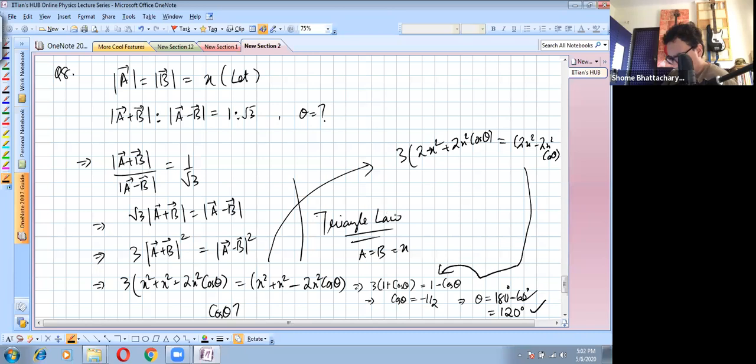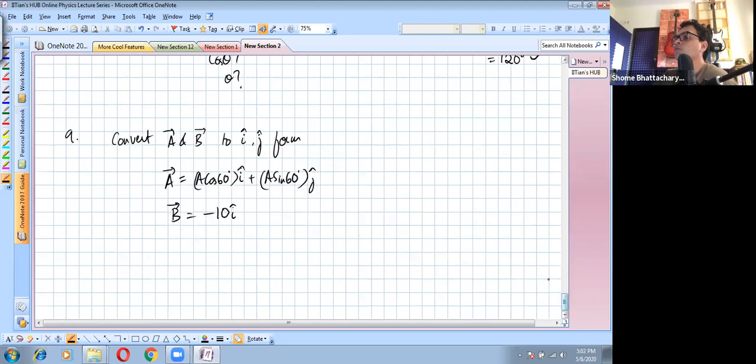Okay. So I don't think this question should present any problem further. Okay. Now let's come to question number 9. In question number 9, from the diagram, you can see this will come out to this. Okay. Now apply the condition that A plus B is given to us as along the y-axis.